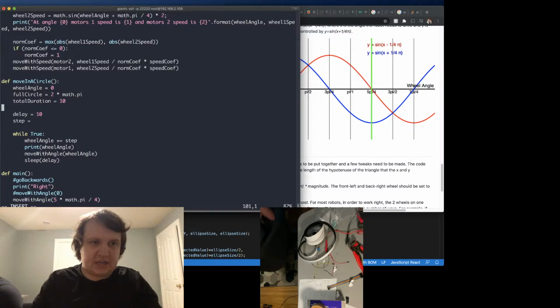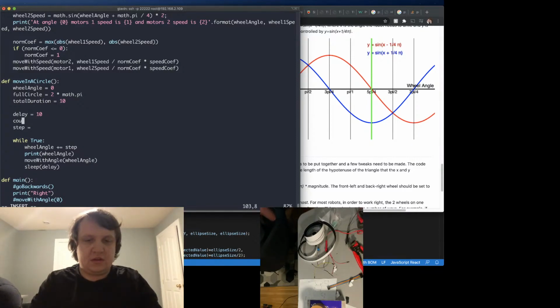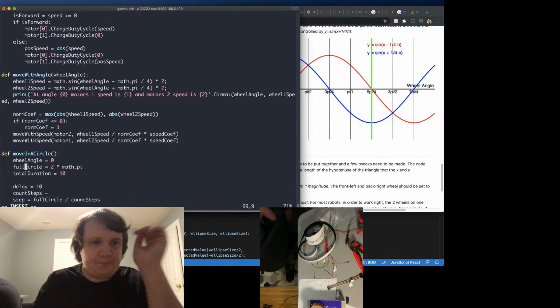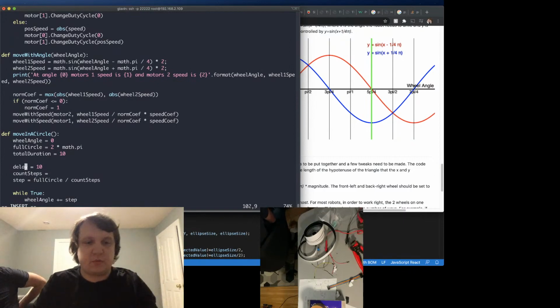We'll make it 10 seconds. Therefore, if we're going to delay, count of steps, step size. So full circle divided by count of steps. The count of steps is equal to the total duration divided. My God. I need to not be in BIM right now.